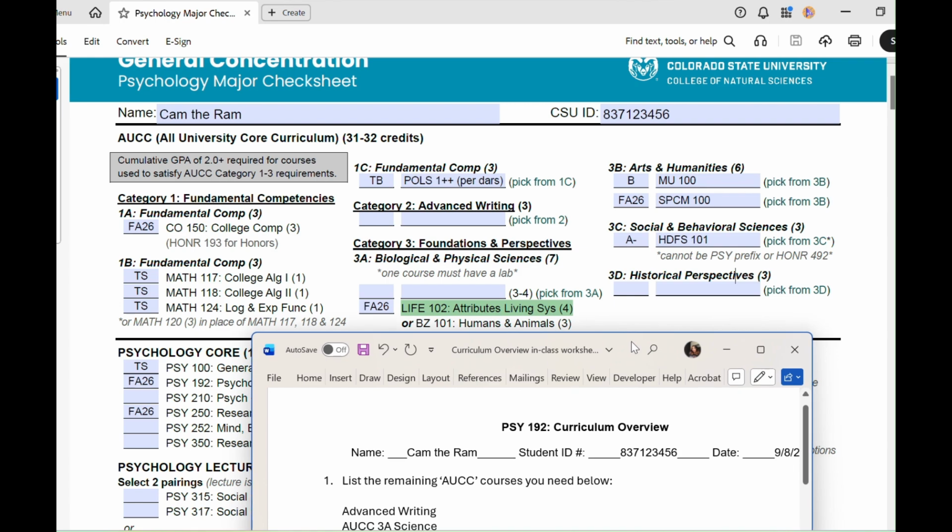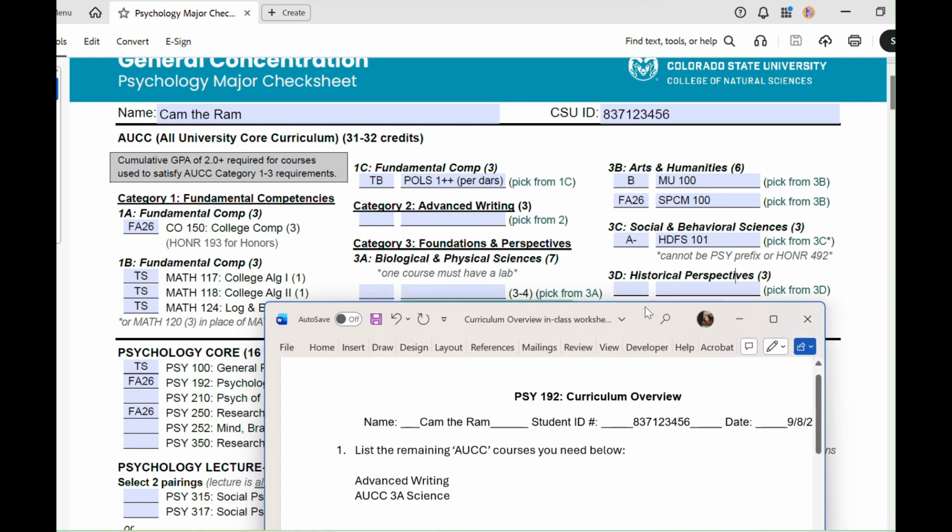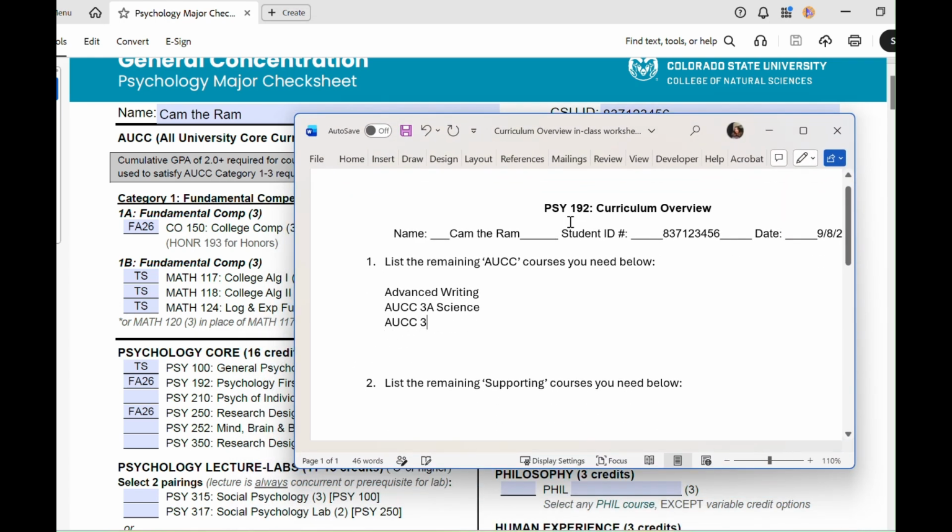And lastly, Cam needs their Historical Perspectives class, AUCC 3D. Perfect. So we now have listed the remaining AUCC courses that Cam the Ram needs.